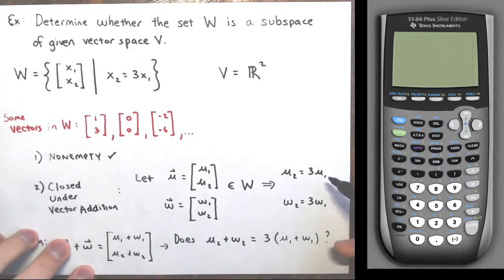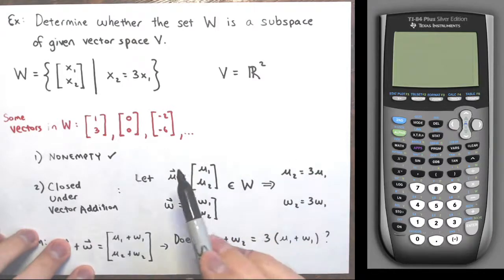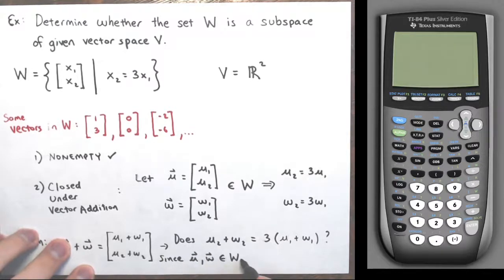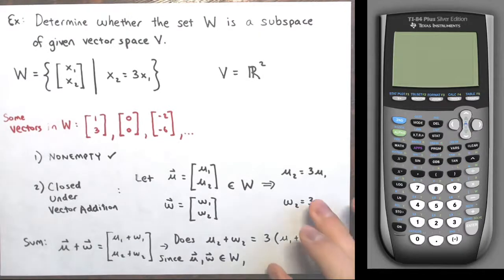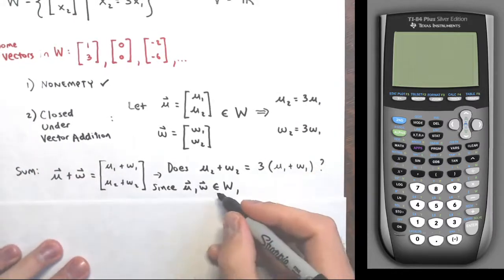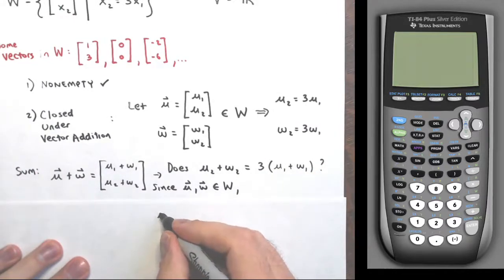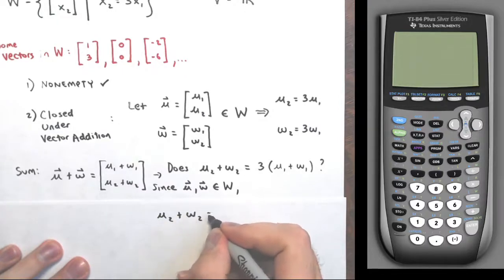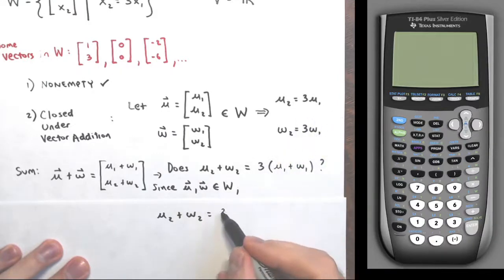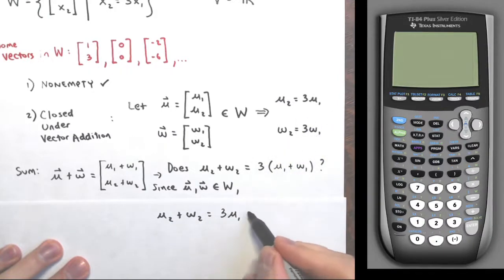Well, this is where we use our original facts, right? We said u and w were in set W here, so these two must hold. Since u and vector w belong to W, that means u2 plus w2 must be equal to, well, since u belongs to W, u2 is equal to 3u1. So I replace u2 with 3u1 plus, and then w2, same thing.